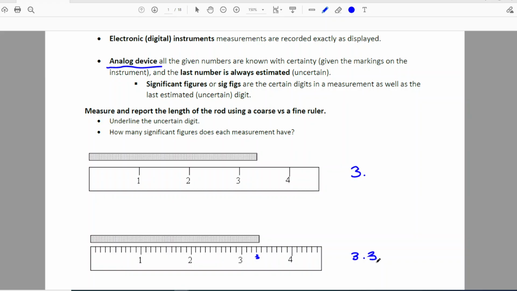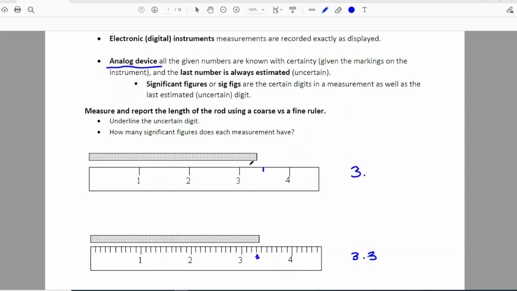Then what we always do is we read one more digit past this last known line. And this is the most important part. People are usually pretty good at saying, okay, it's 3 and this one's 3.3. But in science, you want to show people that you knew the 3 for sure. So we go one more beyond that. If I look at this one, I would guess somewhere around here is 3.5.